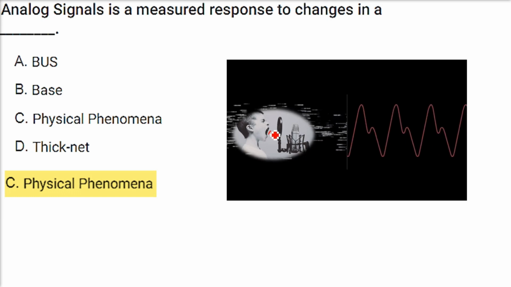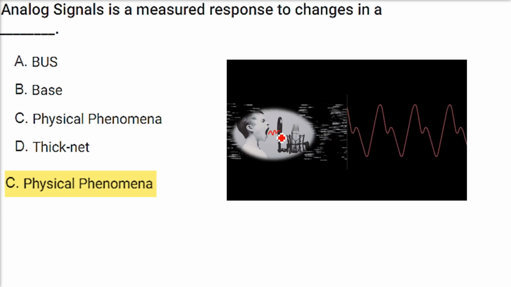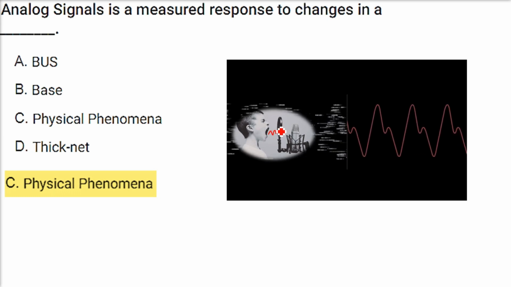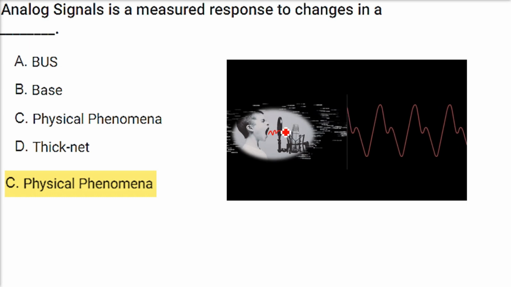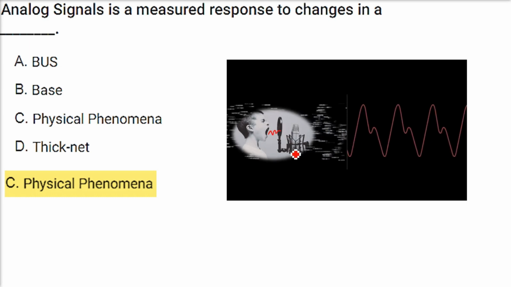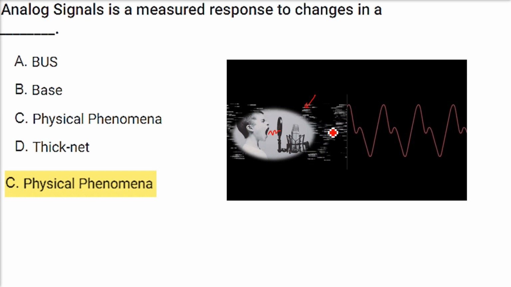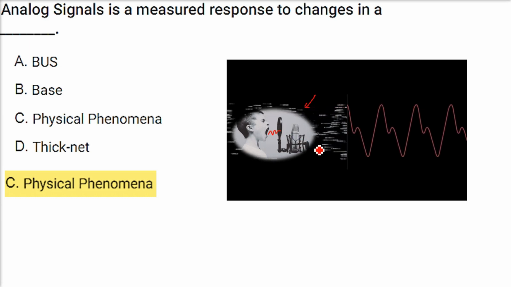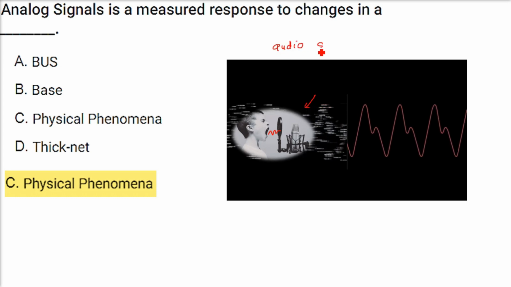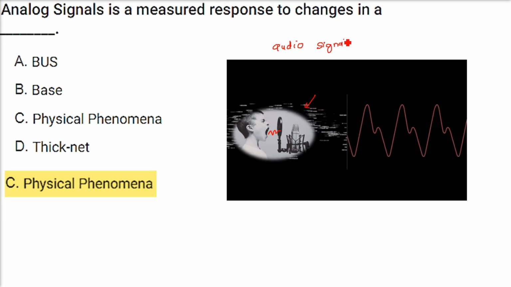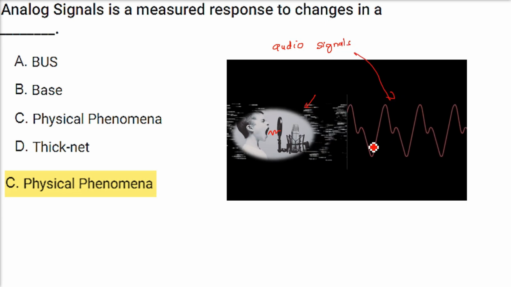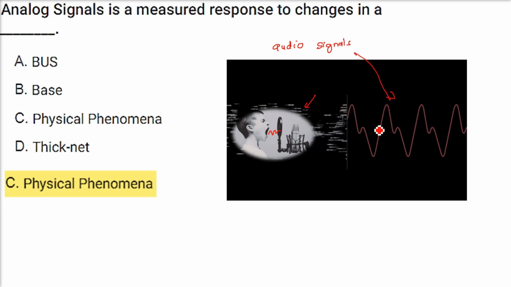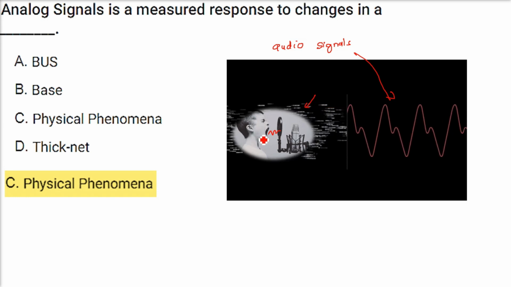That is, the physical phenomenon is disturbed because of the sound, or the pressure, or the energy which is coming out of your mouth. And that is information. That is the data, and that can be converted into meaningful information. So if you convert whatever I am speaking into audio signals, these audio signals are nothing but analog signals. So an analog signal is actually measuring the response to changes in the physical phenomenon.